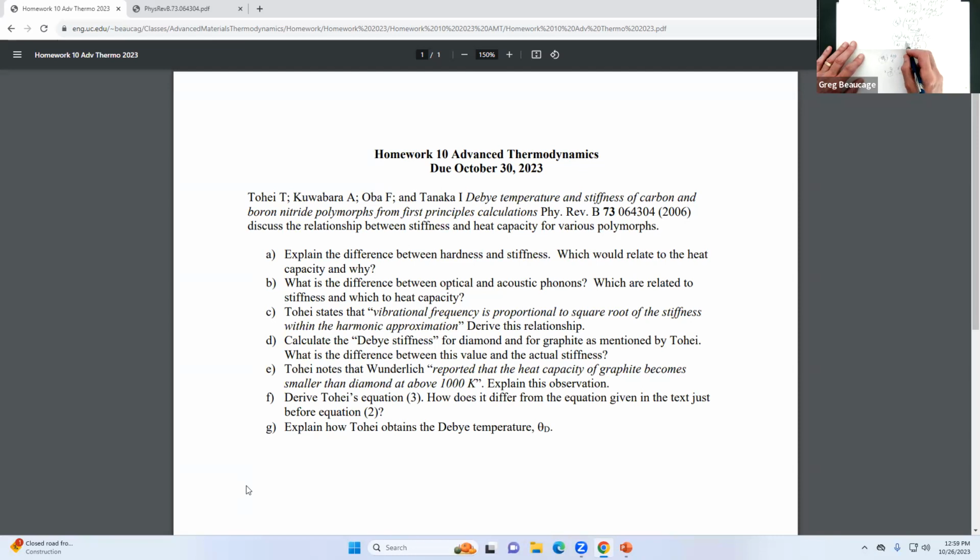And if you plug in that frequency, then you get theta D is H bar Vs over the Boltzmann constant times the cube root of 6 pi squared n over the volume.